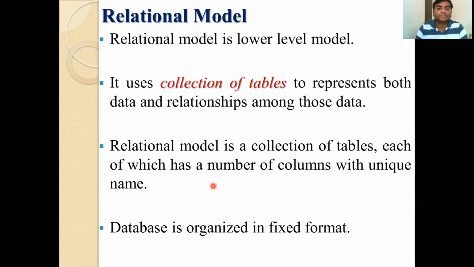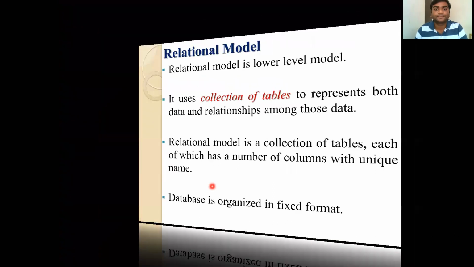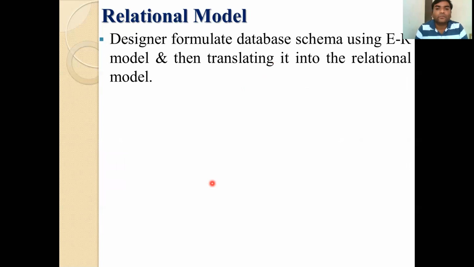So the database is organized in a fixed format. How is the database organized in a fixed format? Because for storing the data, a collection of tables or a number of tables is used. That's why the database is organized in a fixed format in the relational model. Designers formulate the database schema using the ER model and then translate it into the relational model.